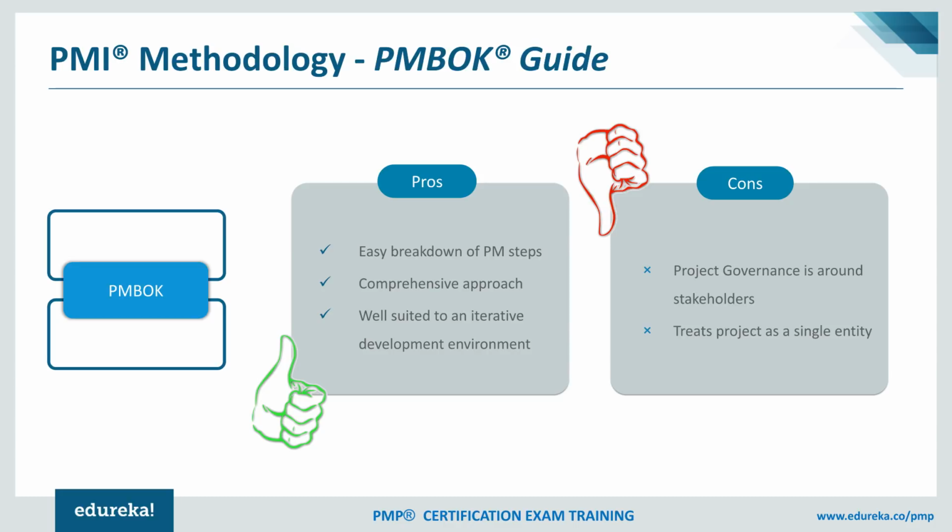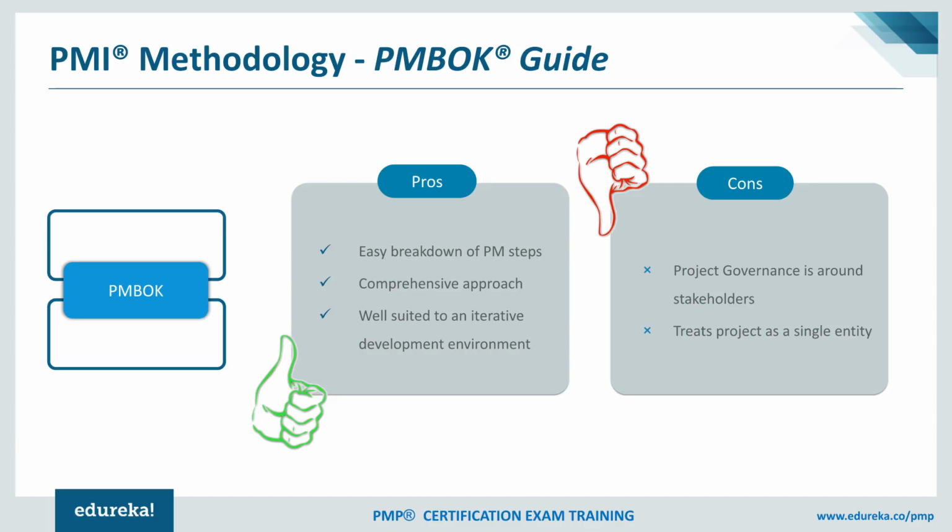The 49 processes cover all the different knowledge areas, from integration management to communication management, human resource, time management, stakeholder management, etc. And don't worry, we are going to talk about all these things, including all 49 processes, in much more detail as a part of this PMP training.